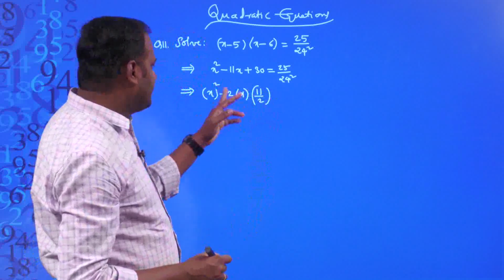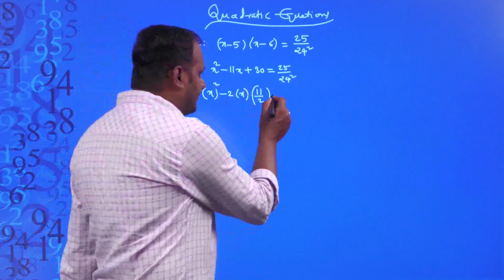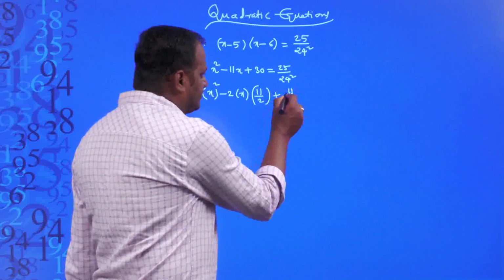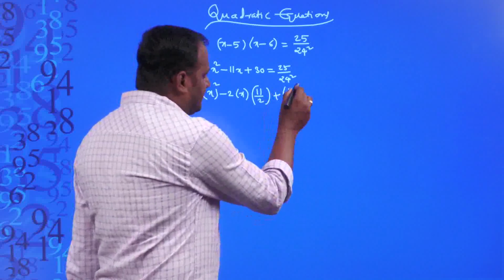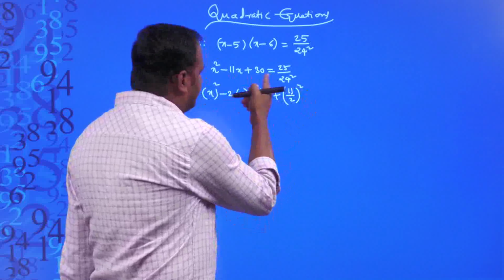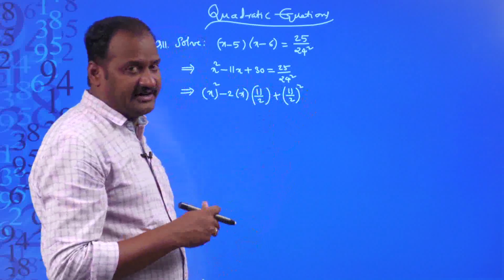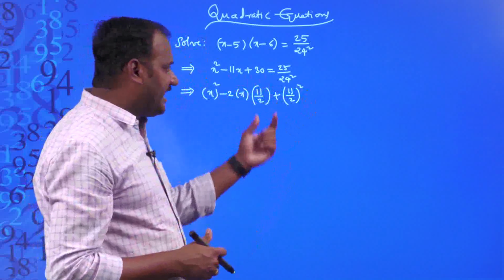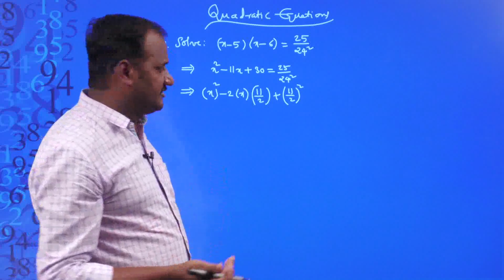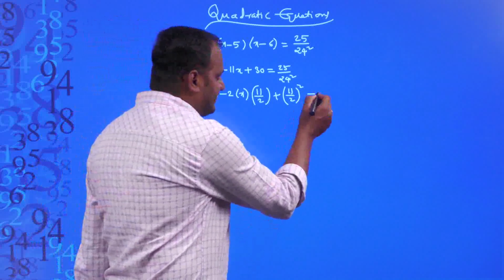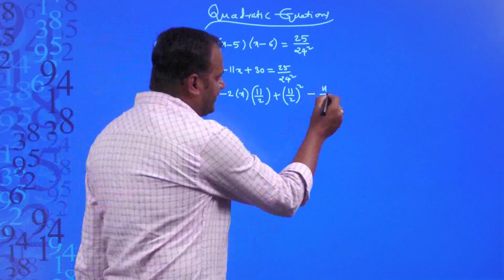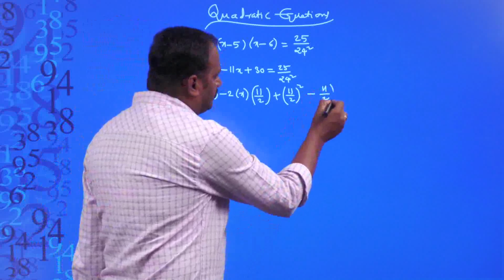So a square minus 2ab plus b square, b is equal to 11 by 2, so that 11 by 2 whole square. But 11 by 2 whole square is not there in our expansion, but we want it. That is why we are adding it, but for balancing the equation, immediately you will have to subtract it. That is 11 divided by 2 whole square.